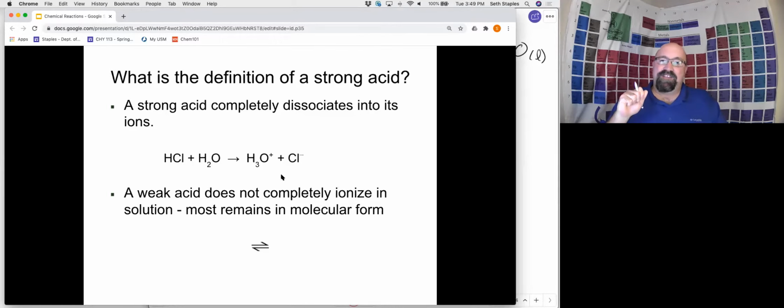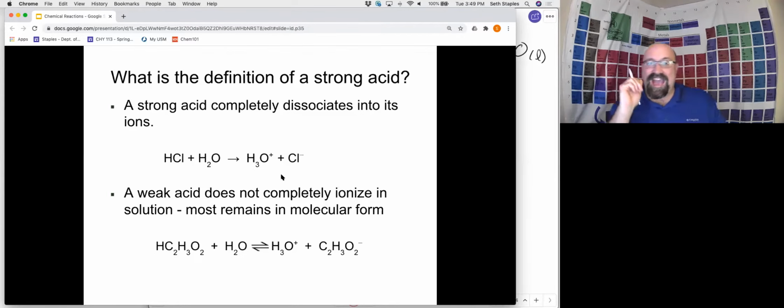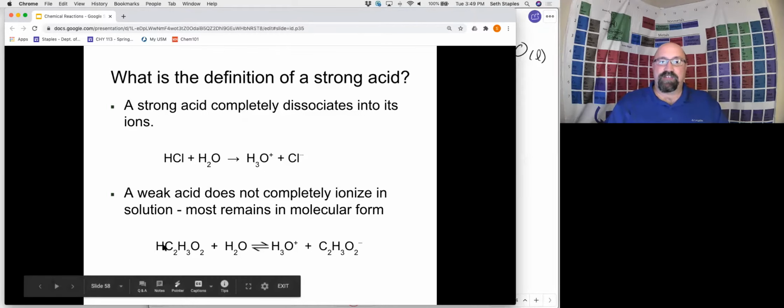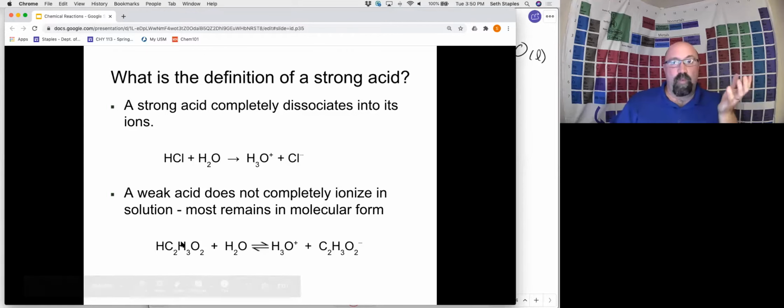Whereas a weak acid does not completely ionize. Most of it actually remains in its molecular form. So here's acetic acid, which is a weak acid. Only a little bit of this acetic acid is actually going to dissociate to form our hydronium ion and the acetate ion. Most of it's going to remain together like this in its molecular form. So that's what a weak acid is.